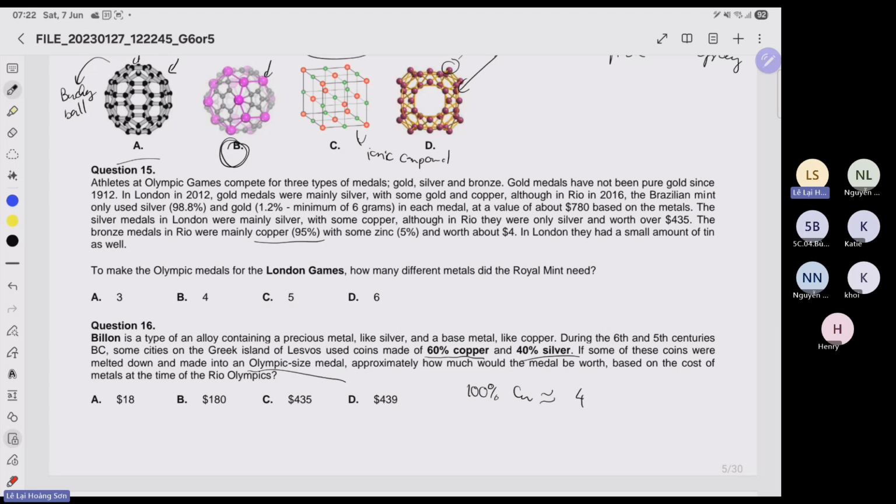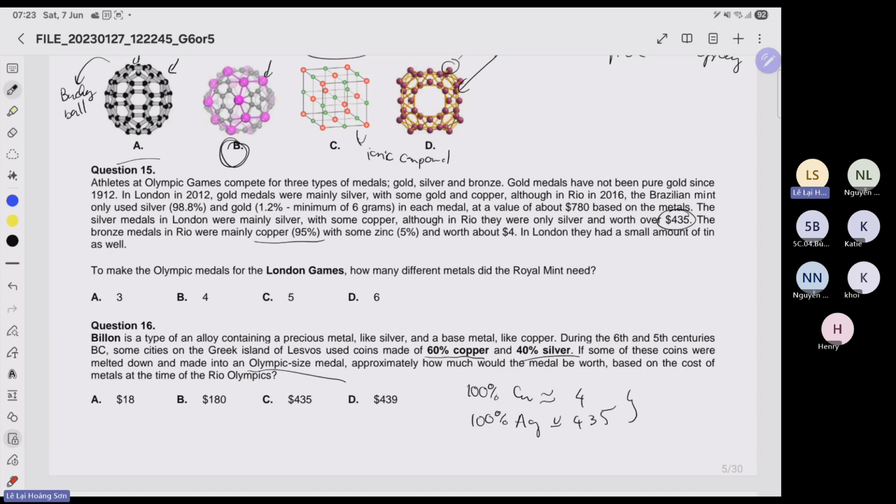The other metal that we also need to use is silver, right? When you use just silver, which is 100% silver, it will cost you around $435. All right.